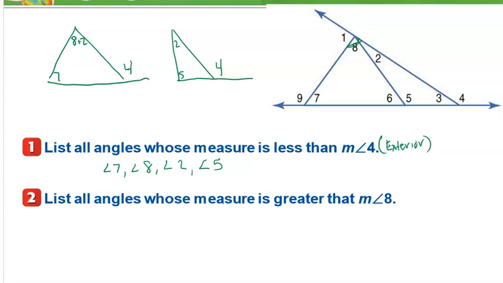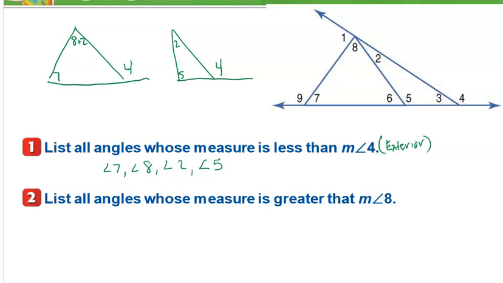And then it says list all angles whose measure is greater than the measure of angle 8. So here's 8 right here. We want all the ones that are greater than the measure of angle 8. So what we're going to do is find all the exterior angles.